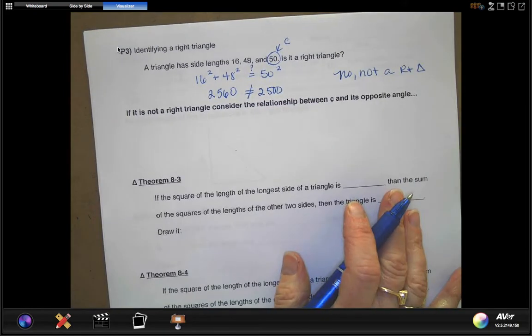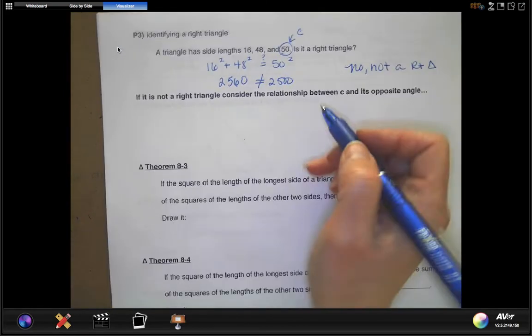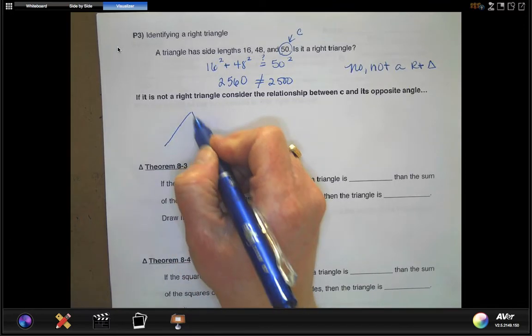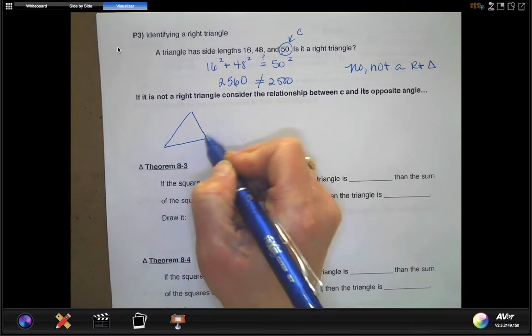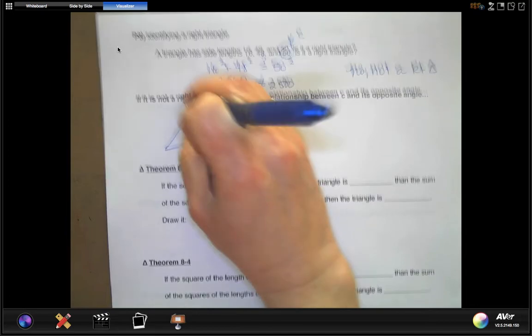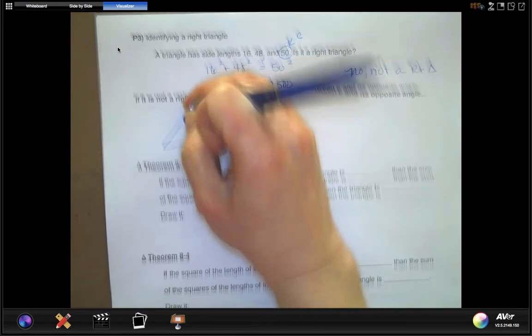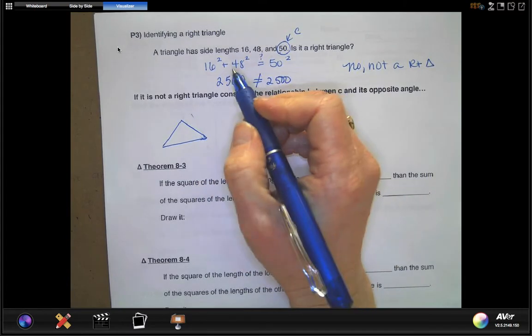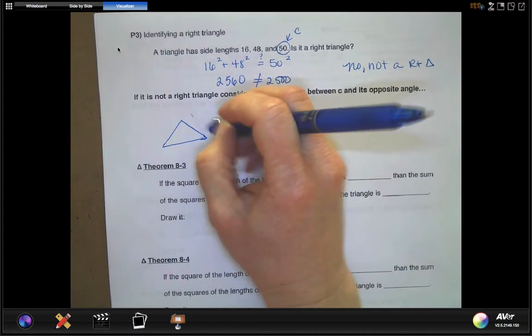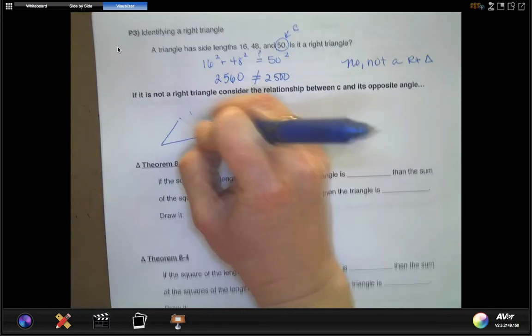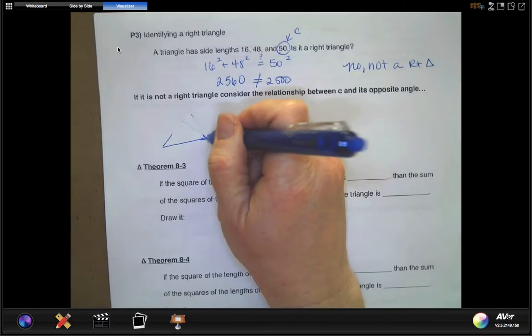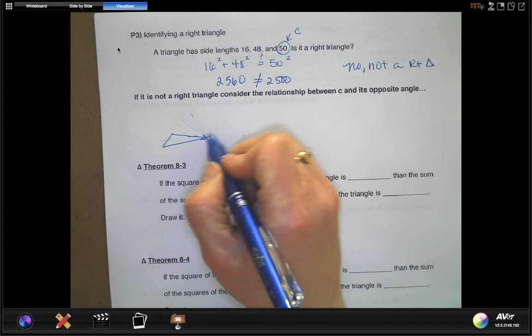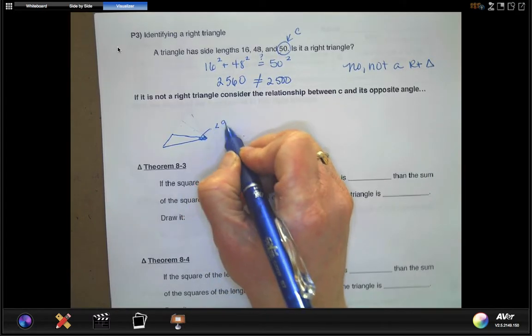So let's say if it's not a right triangle, consider the relationship between C and the opposite sides. So let's make an angle here that's smaller than 90. Looks like that one's 90 though, so that's not gonna work. Let me go smaller still. Okay, there we go. All right, so this angle in here is less than 90 degrees.